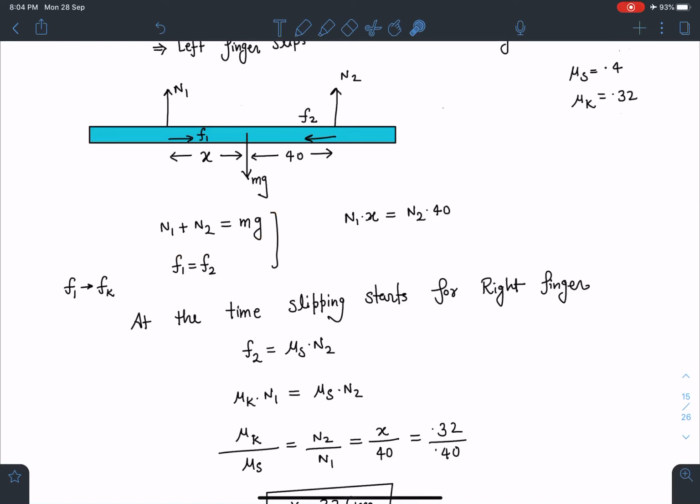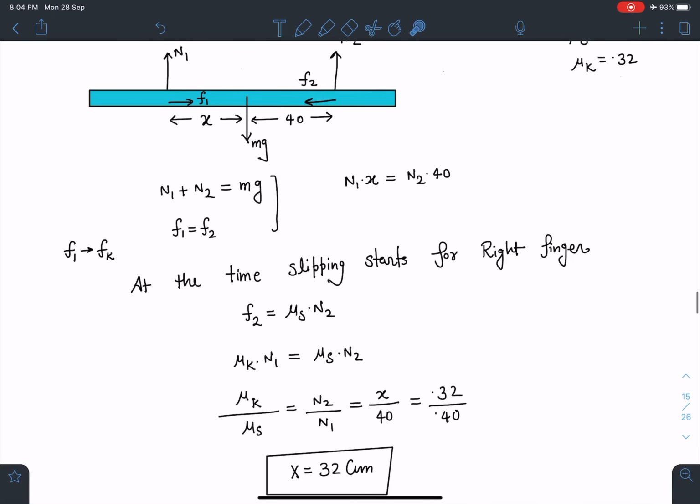Another part is, for the equilibrium of this bar or scale, f1 must be equal to f2, and since it is not toppling, the torque also has to be equal. So n1 into x is equal to n2 into 40. This is one relation. Another relation is f1 is equal to f2. When sliding occurs, f1 becomes fk and f2, which is still static, will be just equal to f1k, so that it can't move.